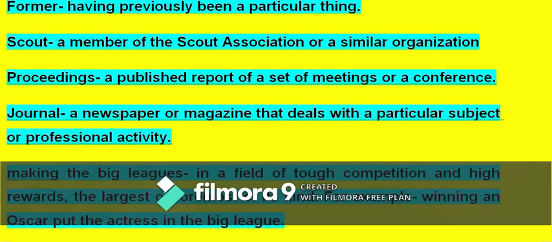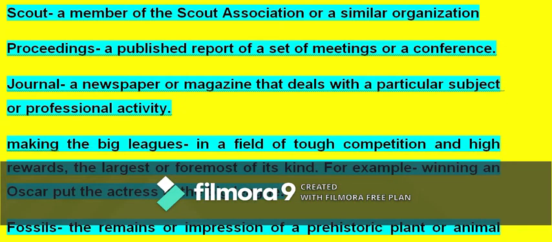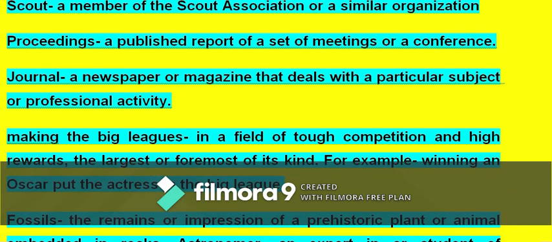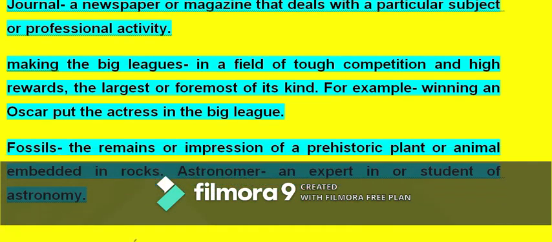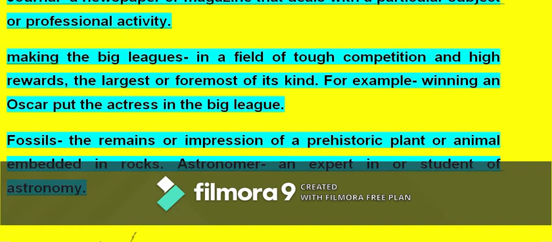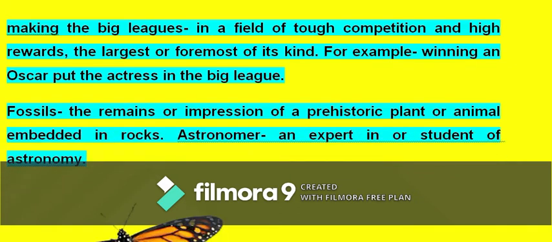Journal is a formal collection of research papers where the amateur or upcoming scientists bring out their research papers. Making the big league means having tough competition and winning. And then fossils are plants and animals which get immersed in stones and get solidified.